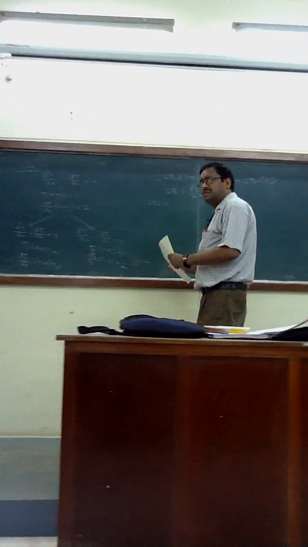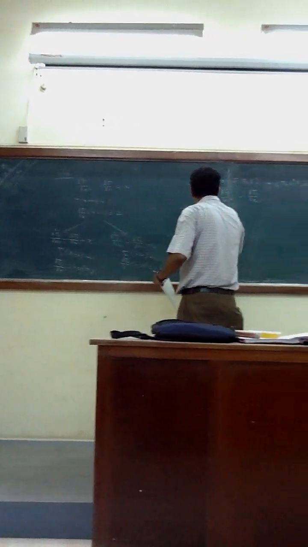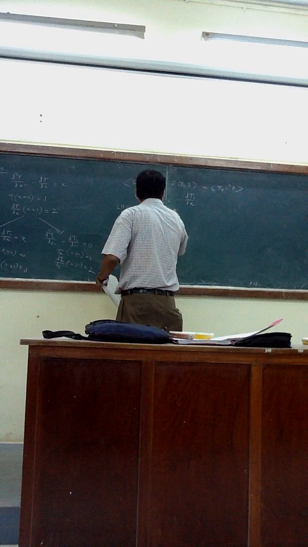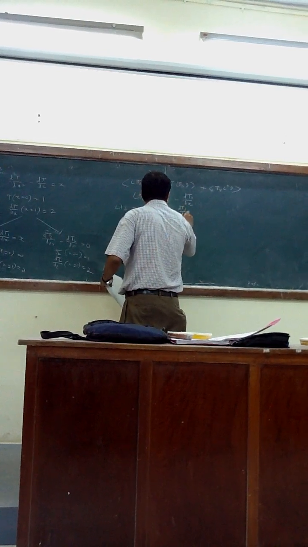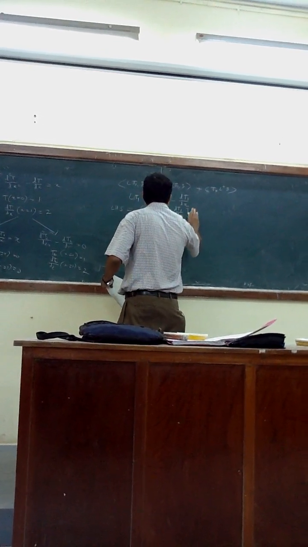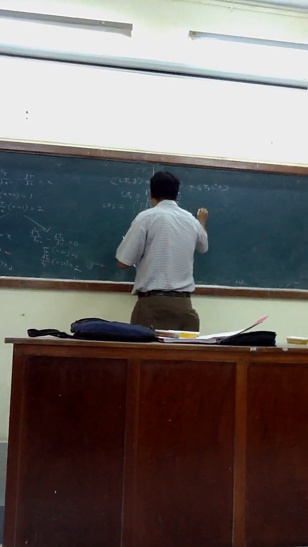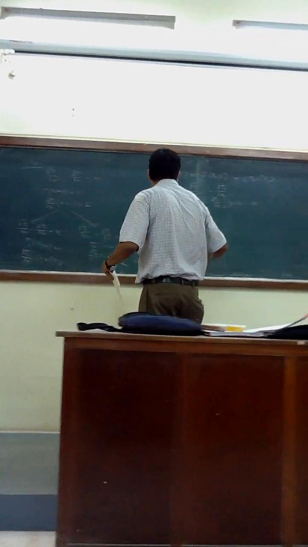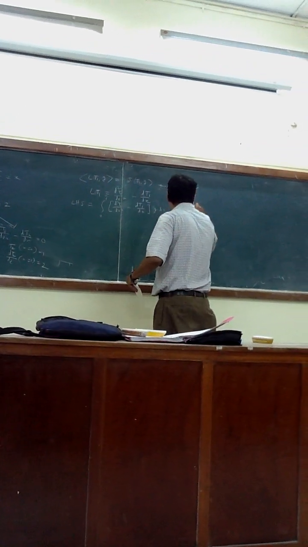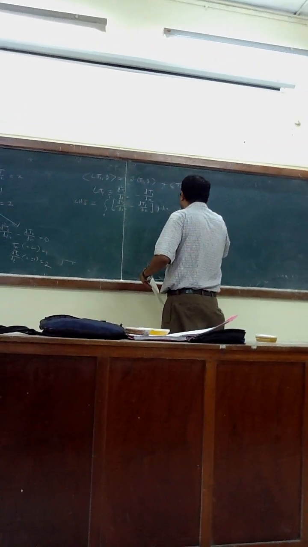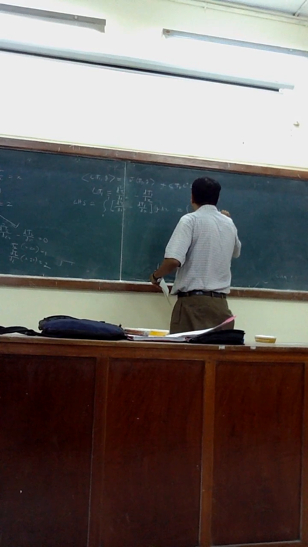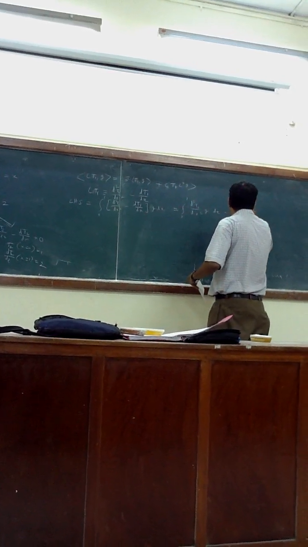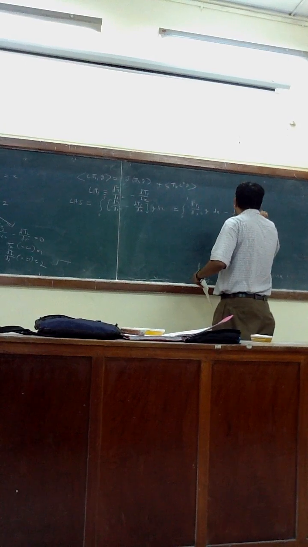Integral 0 to 1 of d2T1/dx^2 minus dT1/dx, times g dx. Next step, very simple: integral 0 to 1 of d2T1/dx^2 g dx minus integral 0 to 1 of dT1/dx g dx.